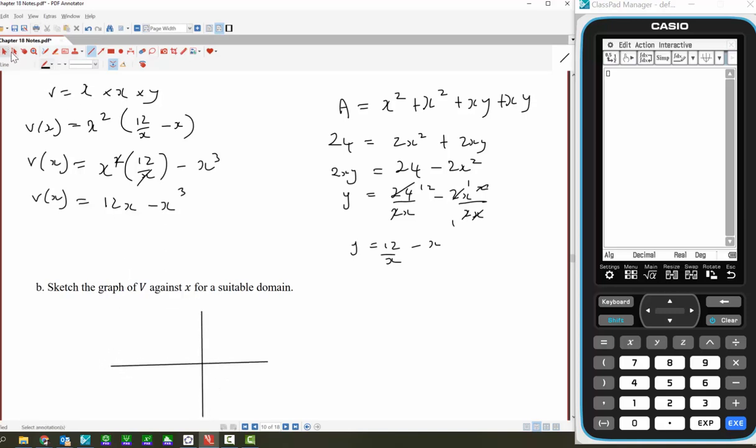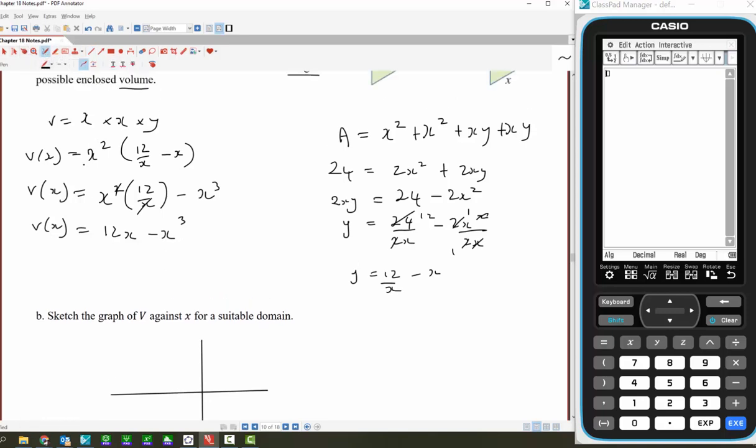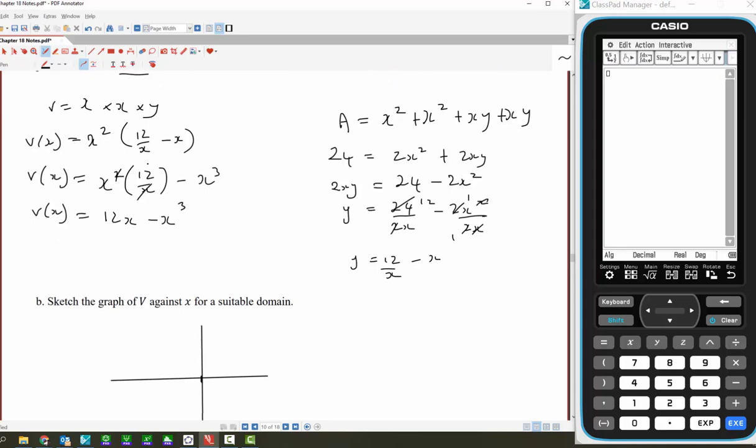We'll draw a quick Cartesian plane, and then we'll get our x-intercepts. So we know we're going to get one at 0, so it's going to go through the origin, because when v of x equals 0 it goes through the origin, and we're going to get two other x-intercepts as a result of doing this one here.